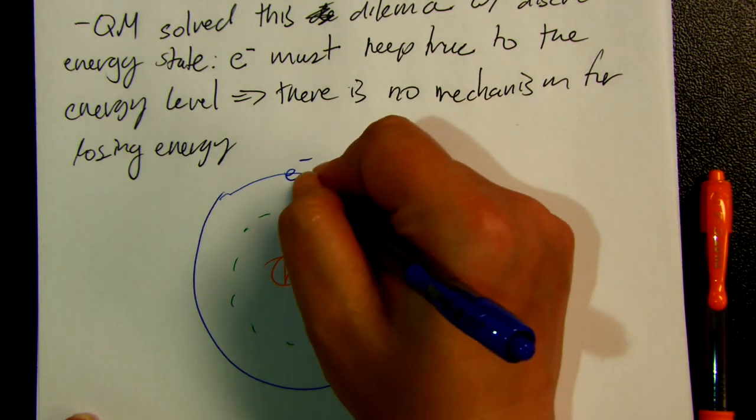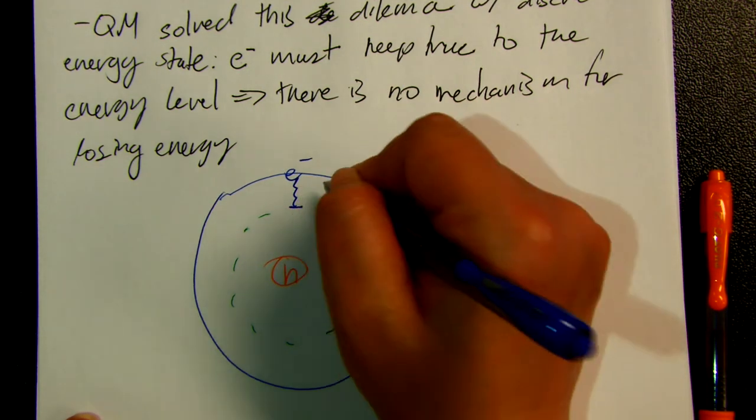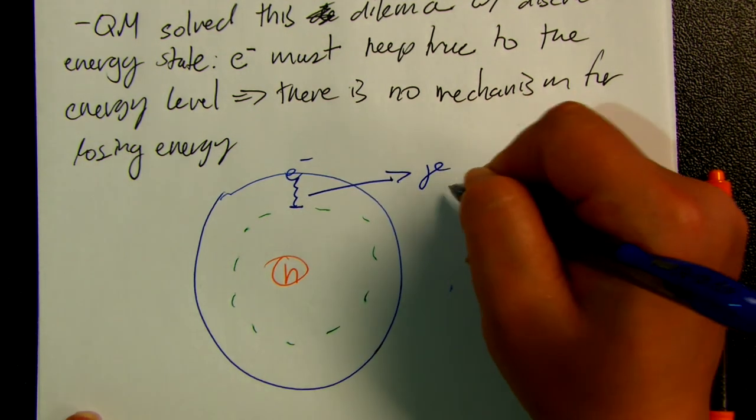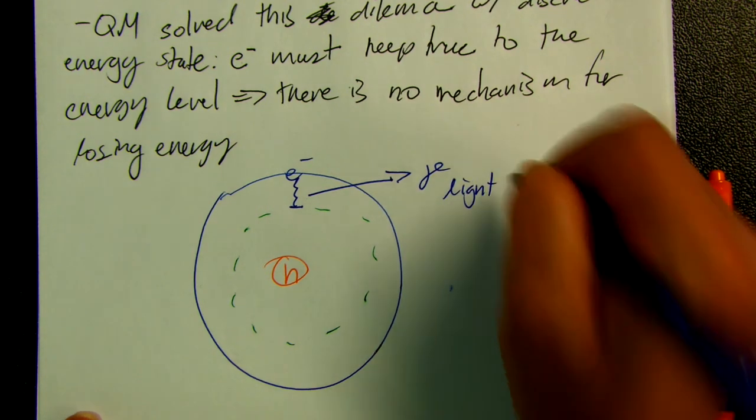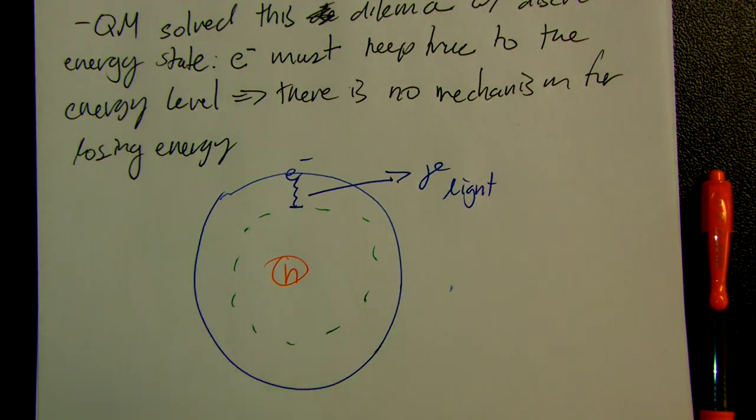It can emit a photon of light of a very specific amount of energy, but it's one photon. It is not continuously radiating photons. It keeps its energy. It does not lose it.